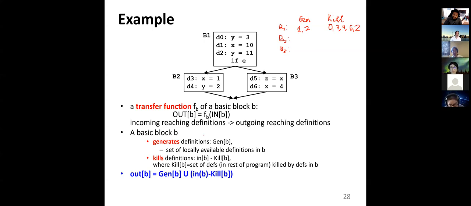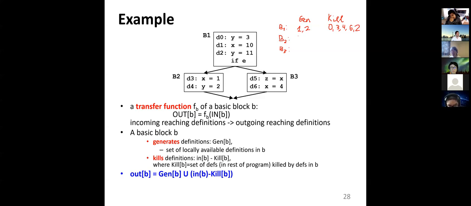And that's not a problem if it's removing, say, 2 from here because gen would add it back. Because if something is in the generation set of that basic block, it's not going to go away. But formally speaking, that's the kill set. Having 2 or not in this case won't make a difference in the final result. But formally speaking, that's the right kill set.